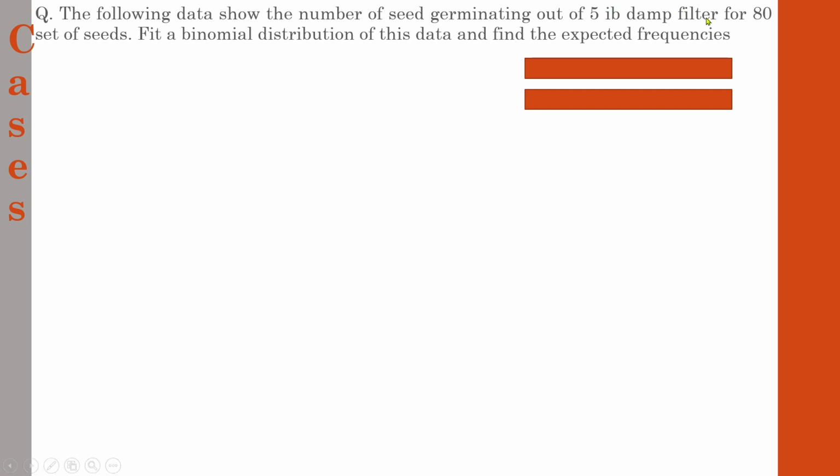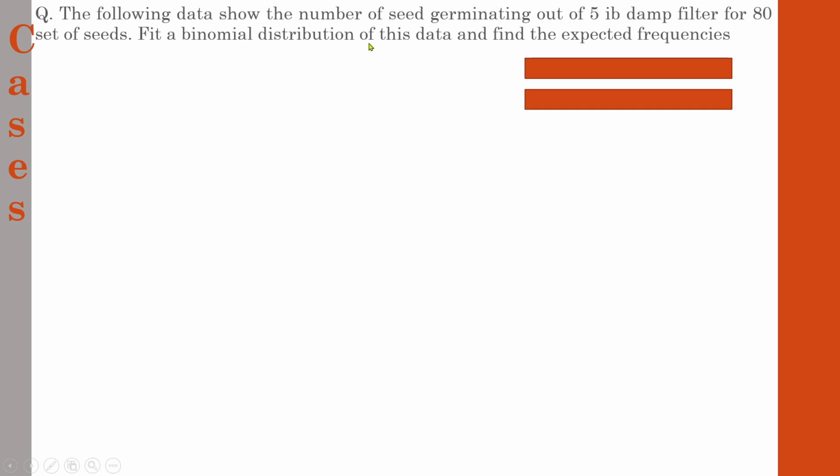IB dam filter is a technology or technique used for germinating seeds in a practically created or simulated environment, that is, how seeds can be germinated artificially in a lab-oriented setup. It's actually a technical term, we need not worry about the term. The thing is the number of seeds germinating out of 5 IB dam filter for 80 sets of seeds.